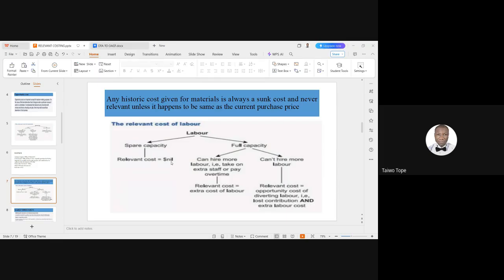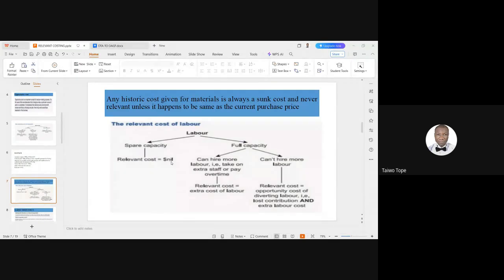Let me come back again. Where you have full capacity and maybe due to resources, you don't have the capacity to engage extra hands, what will be the relevant cost? There's an opportunity for you to meet up with demand, but due to some factors, you cannot get extra hands.